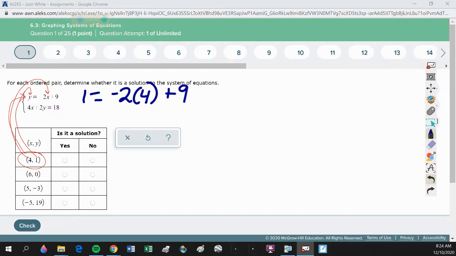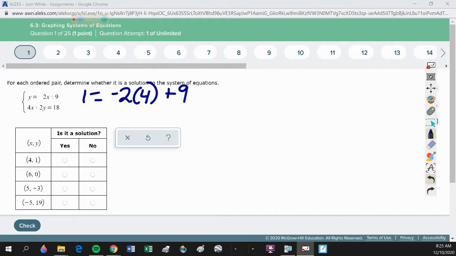Yes. What does that mean graphically? This is the equation of a line, but when I plug a point in and it works, what does that tell us? That point is on the line. Does that make sense? So I now know that (4, 1) is part of the first equation.